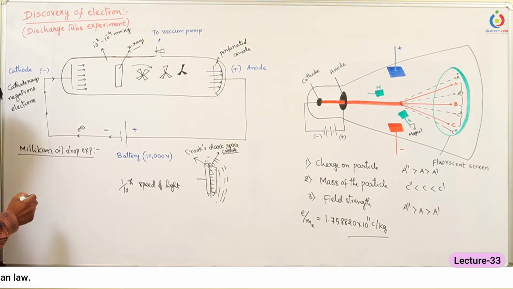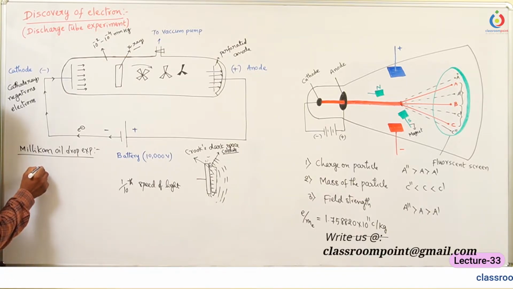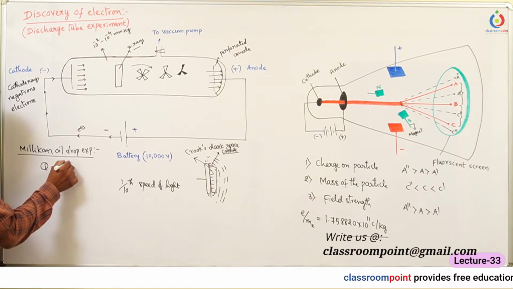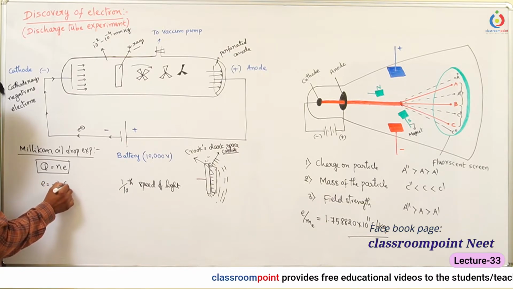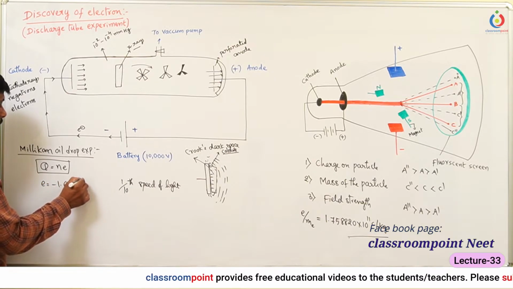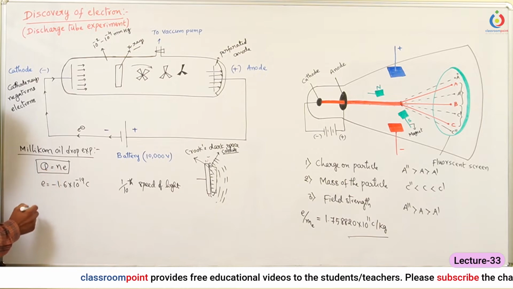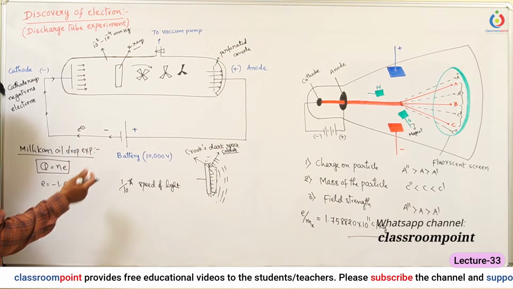Millikan was able to calculate the charge of the electron using his oil drop experiment as Q equals N into E. Here he calculated the charge of the electron as minus 1.6 into 10 power minus 19 coulombs, where N is an integer value, it could be 1, 2, 3, 4, anything.